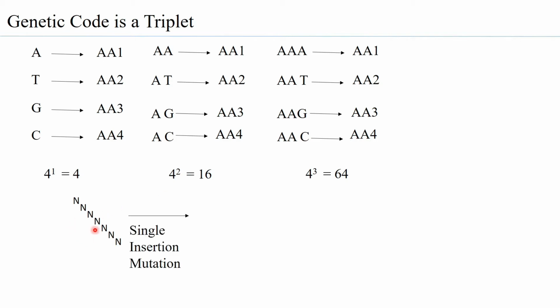The first mutation they induced was a single insertion, and they obtained a gene sequence which had the insert present. What is observed is that from the point of the insert, the reading frame got altered. So with a one nucleotide insertion, there was an alteration in the reading frame.